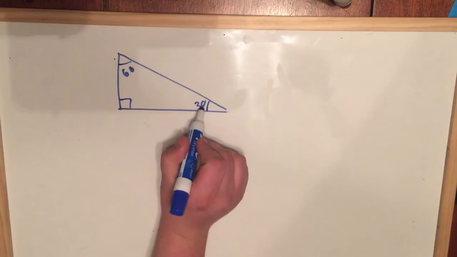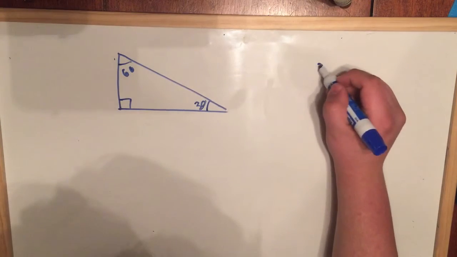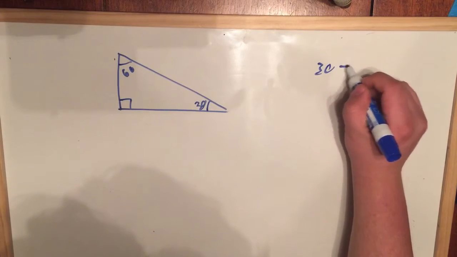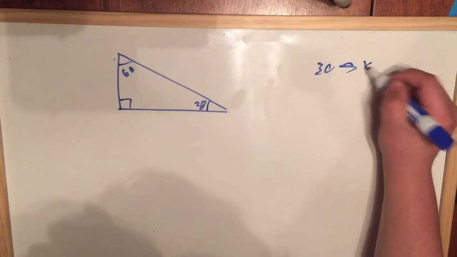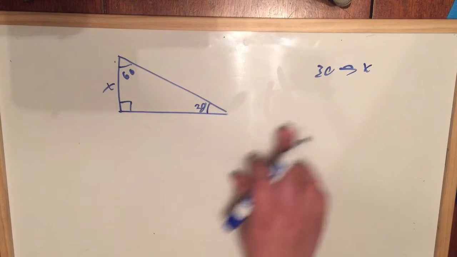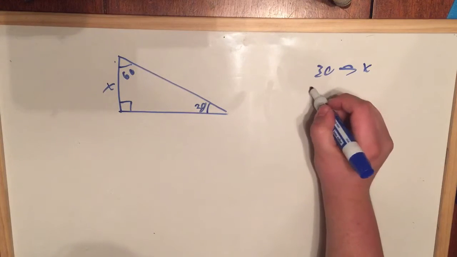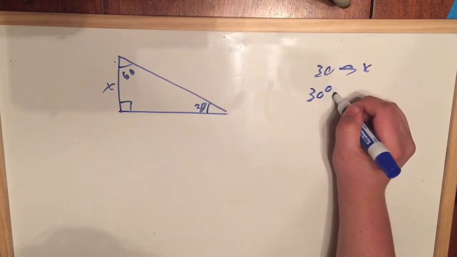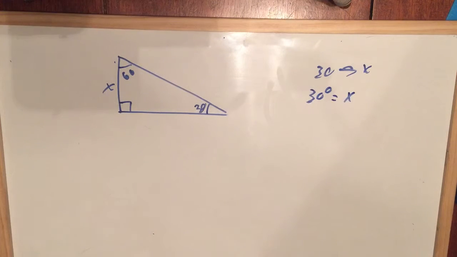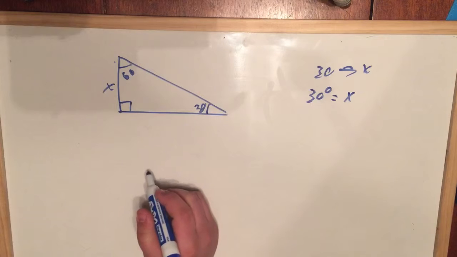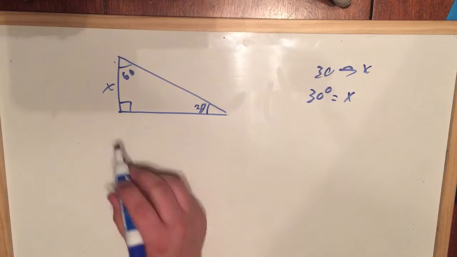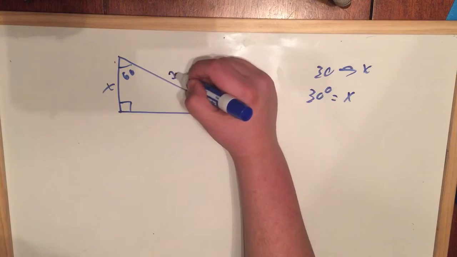Now we know that the side opposite of the 30 is going to be x. That's our basic, so 30 degrees is equal to x. And then the opposite of the 90 is going to be 2x.